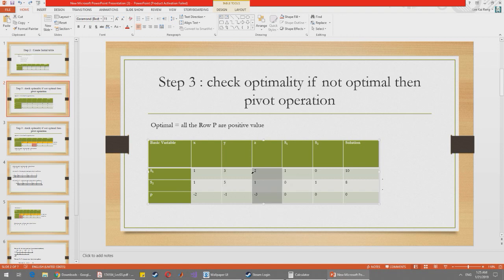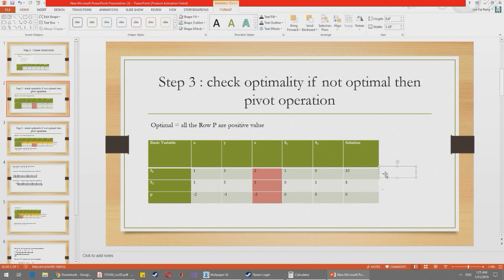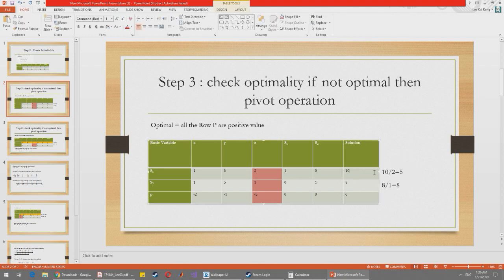We highlight that column as the pivot column, and we divide the solution by the pivot column values: 10 divided by 2 equals 5, and 8 divided by 1 equals 8. Then we find the minimum positive value, which is in row 1, and we highlight it to become the pivot row.